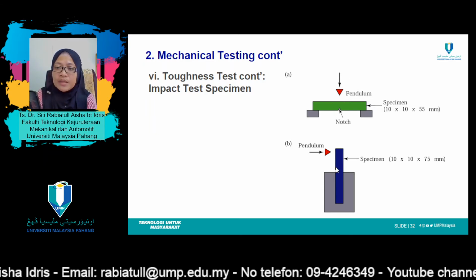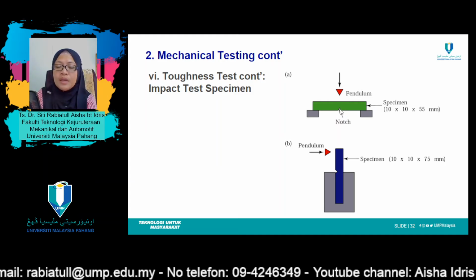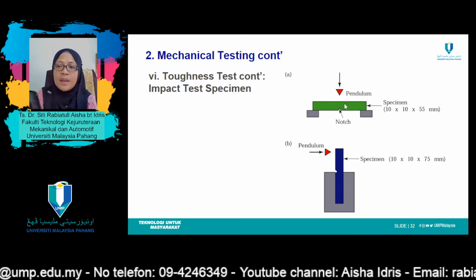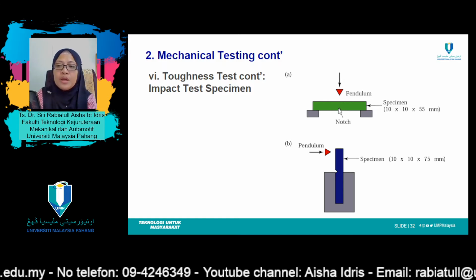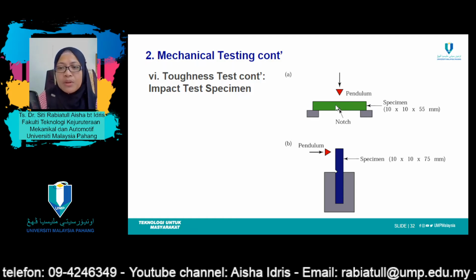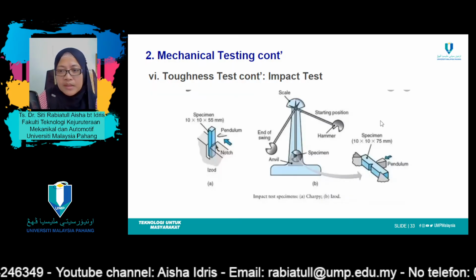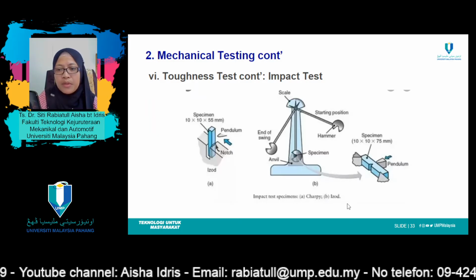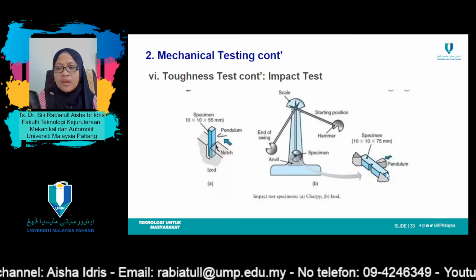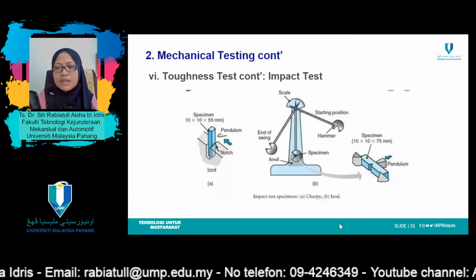This is the specimen, and then a pendulum is released and hits the specimen until failure. This is the illustration for both Charpy and Izod testing. This one is Izod, this one is Izod, and this one is Charpy.